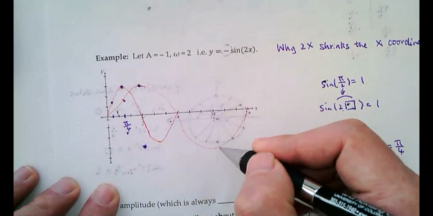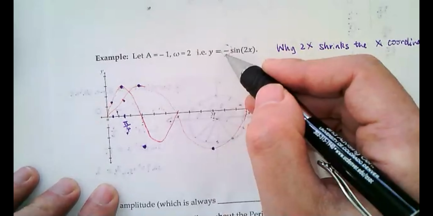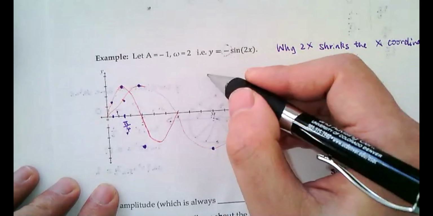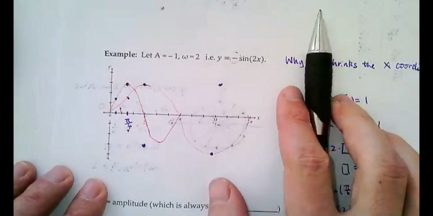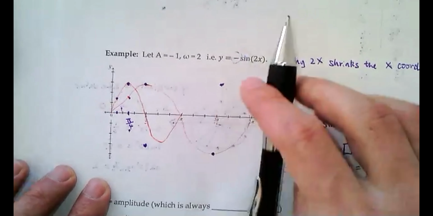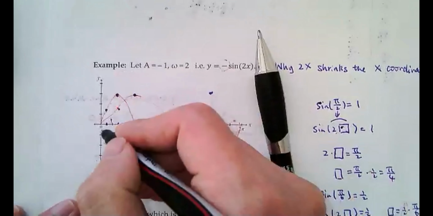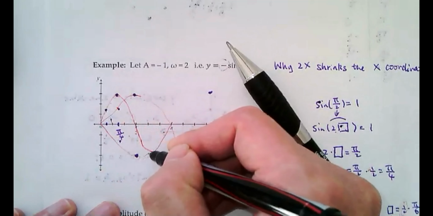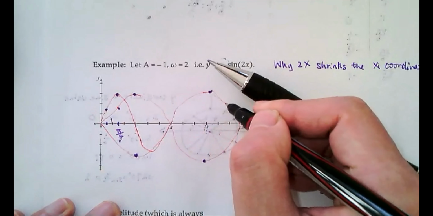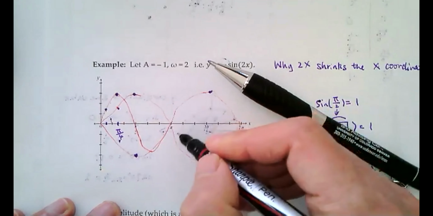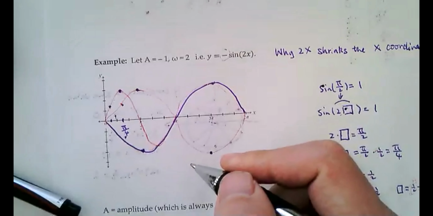Originally, you have a negative 1 here, but you multiply by negative 1, so it flips up. So you basically flip the graph over the x-axis. If you have positive, now you have negative. If you have negative, now you have positive. That's it.